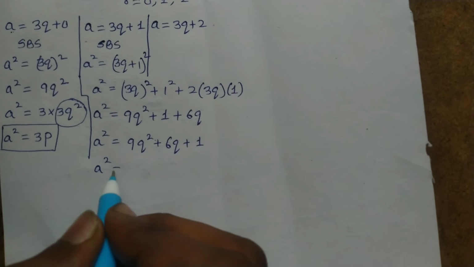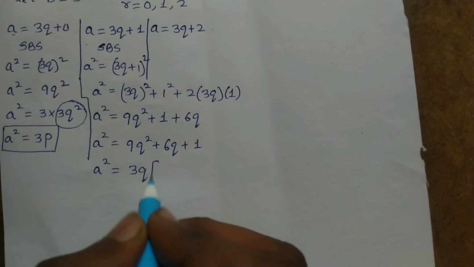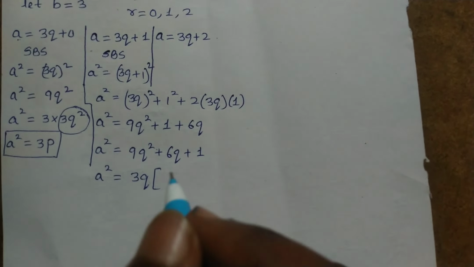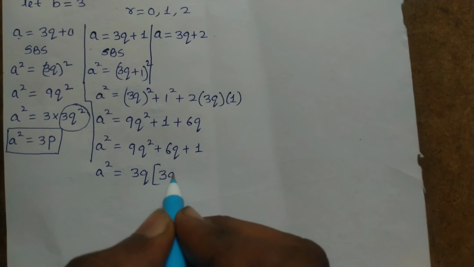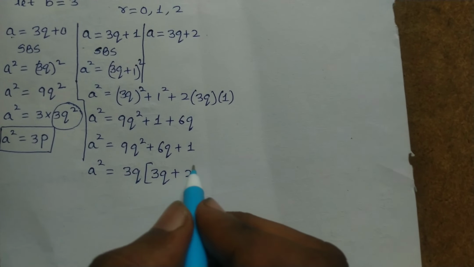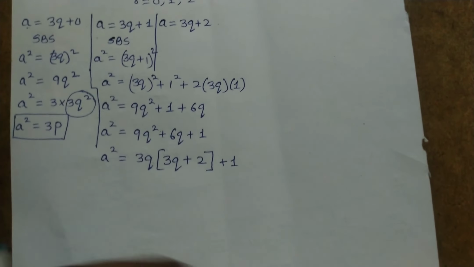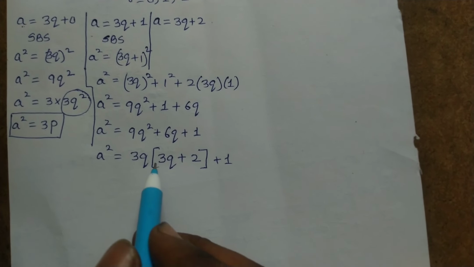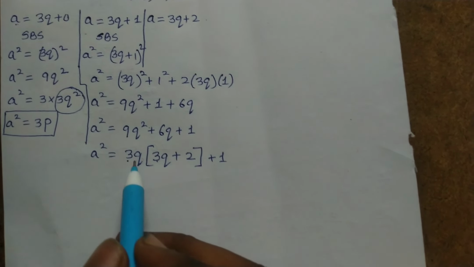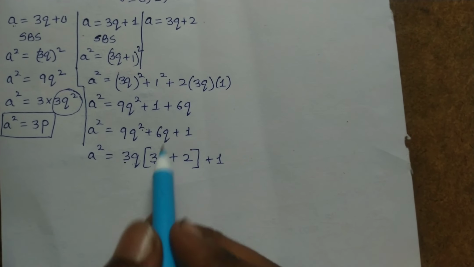From here, can I take 3q common? If I take 3q common from these two terms, what are you going to get? 3q here, plus 2 here, and again you have plus 1 here, which I am writing as it is. Now you see, 3 into 3 is 9, q into q is q square, 3 twos are 6q.